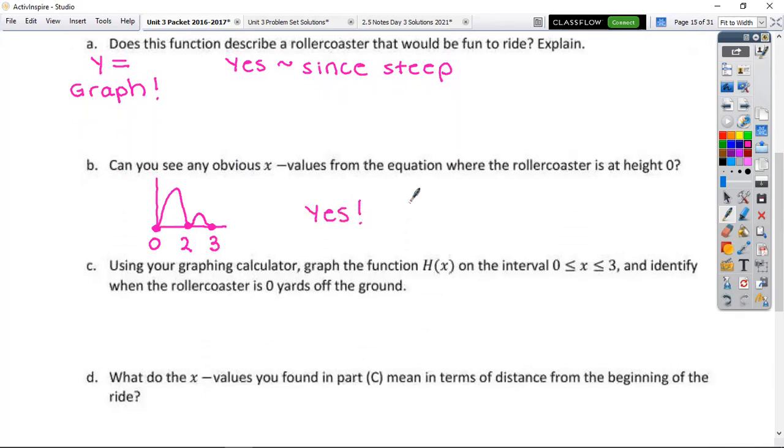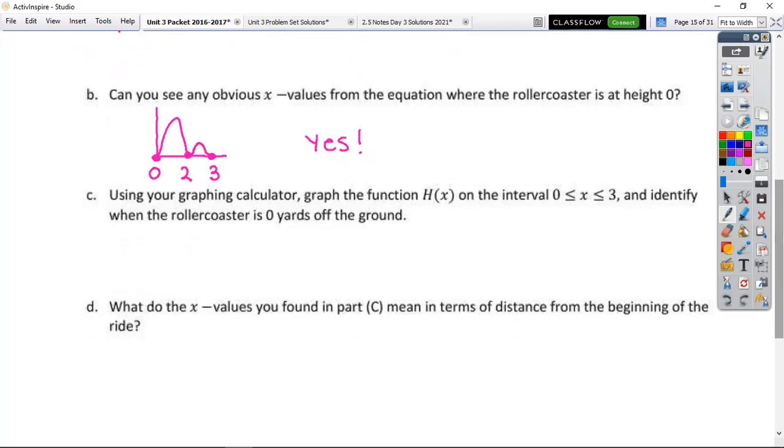So we had 0 seconds, 2 seconds, and 3 seconds. All right, so identify those. We kind of just did right here. I'm going to say zeros at 0 seconds, 2 seconds, and 3 seconds.